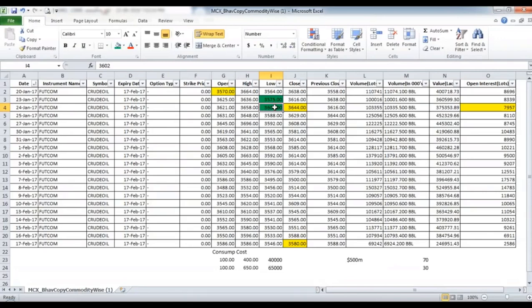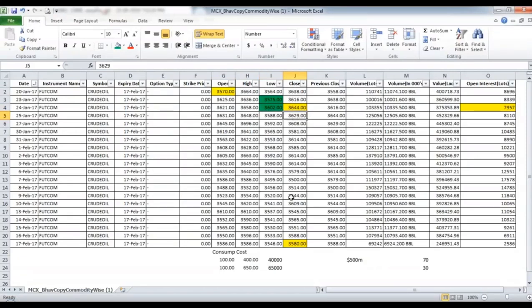Yes or no? Okay, very good. Now on this day it opened at 3631, right? When it opened at 3631, it went down to this low 3602.